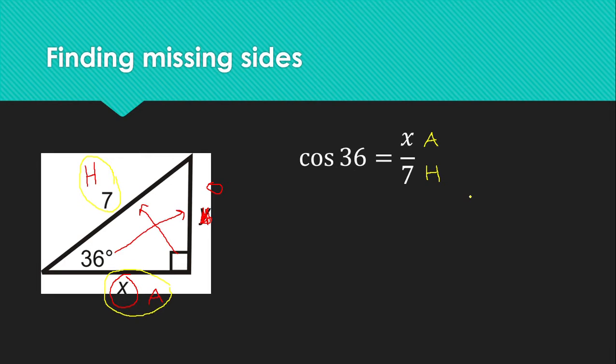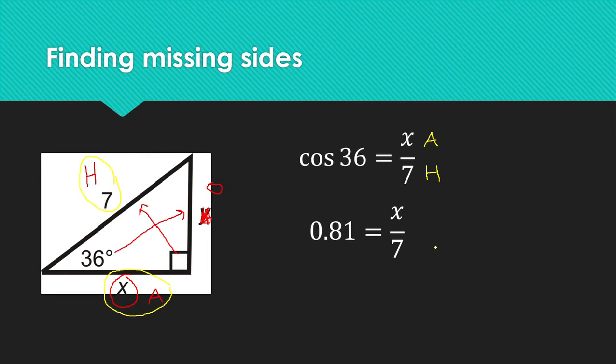Now to solve this, I can actually put cosine 36 in my calculator. On the TI, there's a button that says cos for cosine. So I'm going to make sure I'm in degree mode and do cosine 36. And that got me 0.81. It's always going to be some sort of decimal. So I got 0.81 equals X over 7.